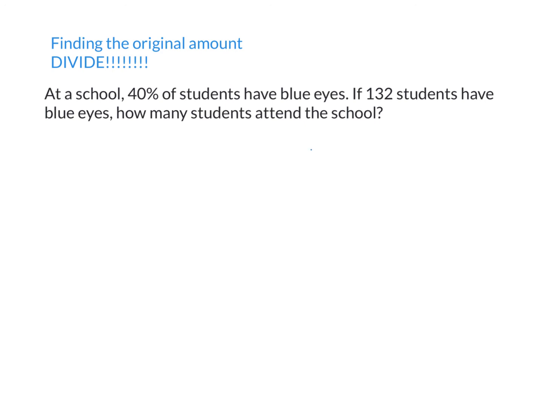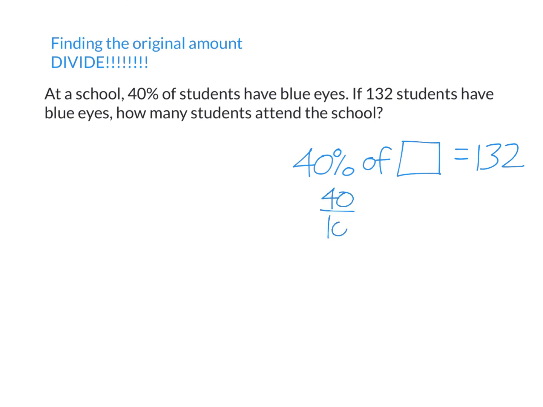See, what's happened is we took 40% of the total number of students, which we don't know, and we found that that was equal to 132. So we need to find what number goes in the box. Well, we know 40% is the same as 40 over 100, which simplifies to 2 over 5. We know that of means times.